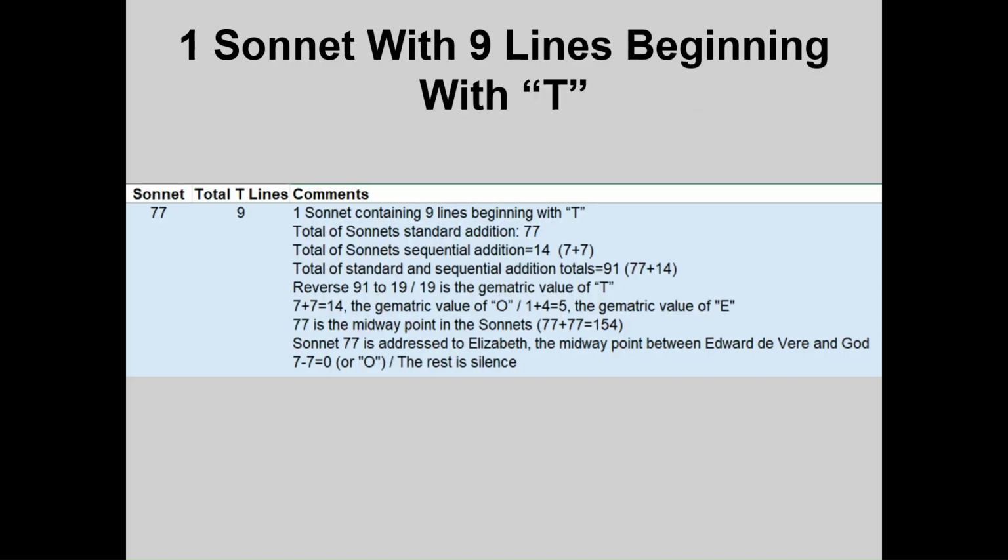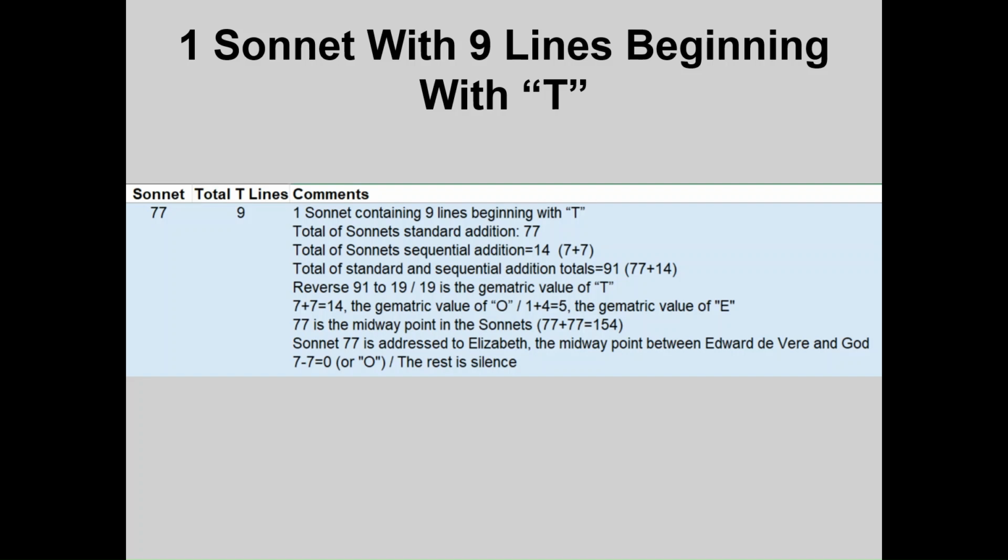And here we have our climactic T-line slide, showing the one sonnet containing 9 lines beginning with T. Note the combination of the numbers 1 and 9 leads us once again back to the geometric value of T, 19. Can we expect anything but virtuosity from our poet in this finale? I think not.